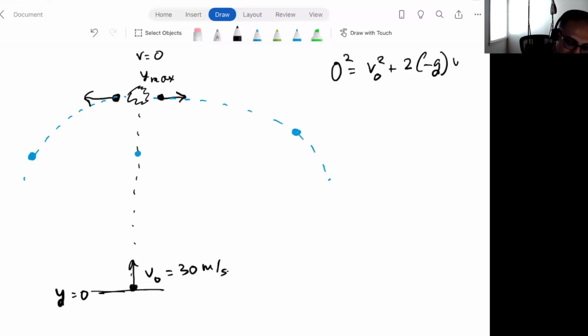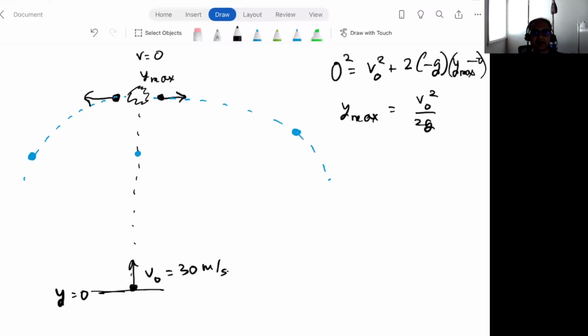That's y max minus 0. And from there you can solve for y max, and you'll get y max is equal to v0 squared divided by 2g. So that's how you can find the maximum height.